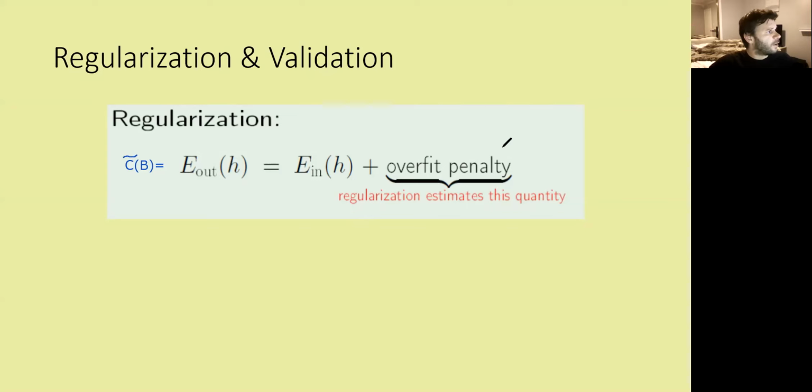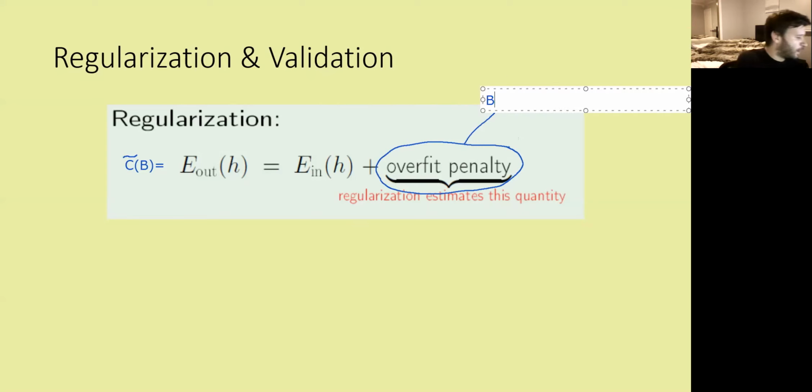Okay, but the augmented cost function was different in that we had some overfit penalty. And you might remember in the case of ridge regression, that overfit penalty was the product of those two beta vectors, beta transpose beta, which was the ridge regression penalty term that we used here.